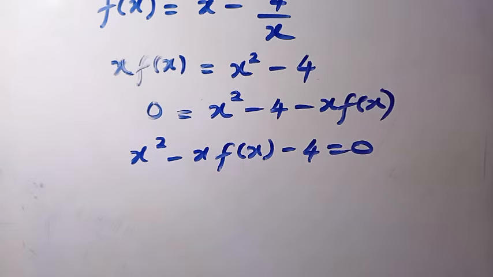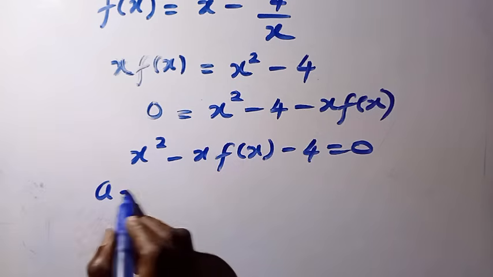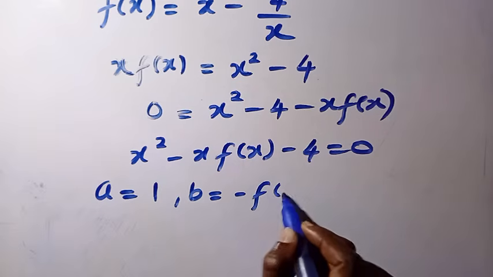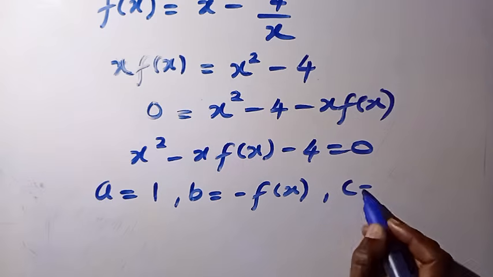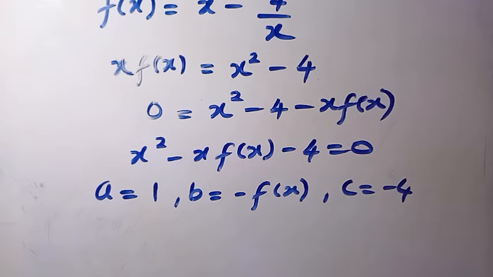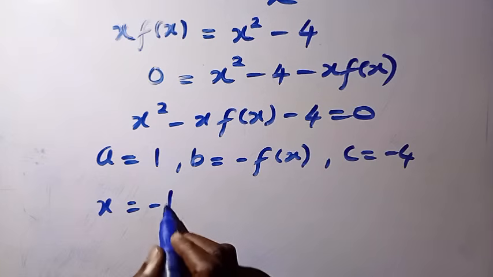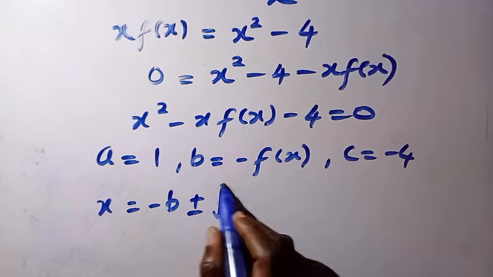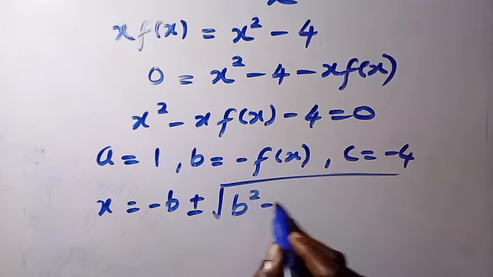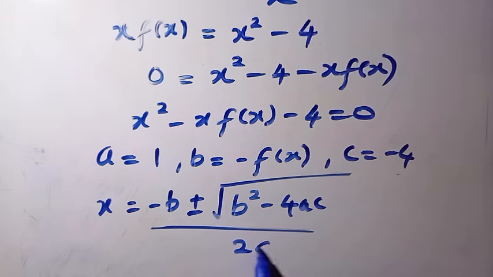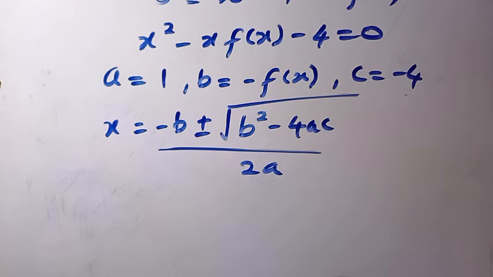We need to look for x. Note that a here is given as 1. We have b as minus f of x, and we have c as minus 4. So for x equals minus b plus or minus square root of b squared minus 4ac over 2a, we are going to substitute everything here.